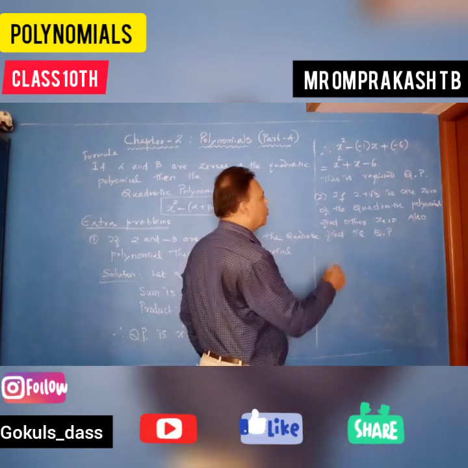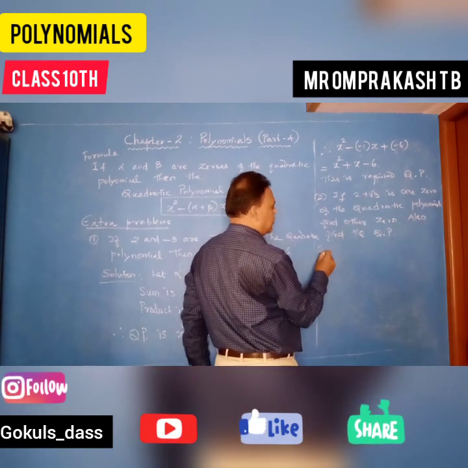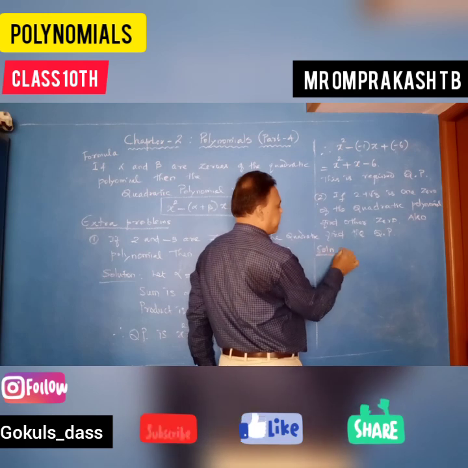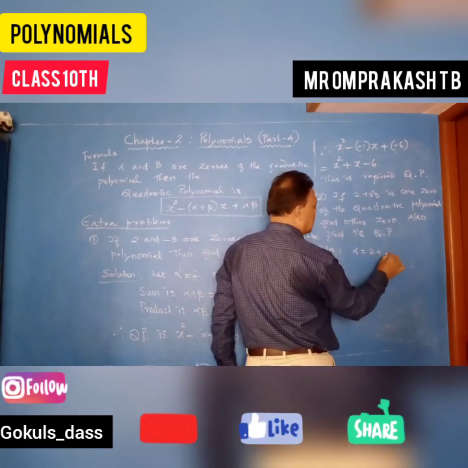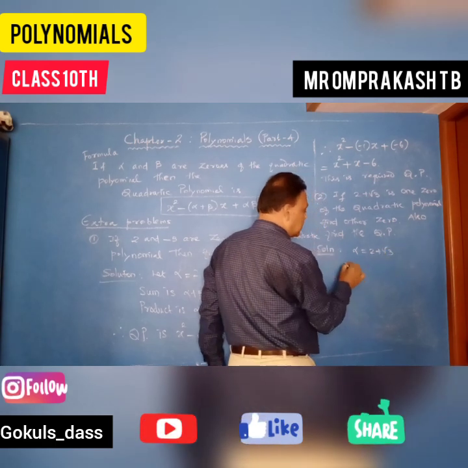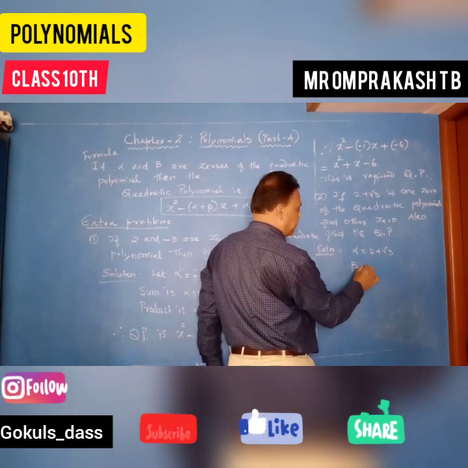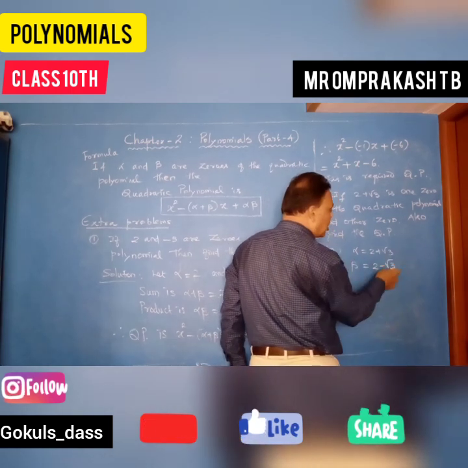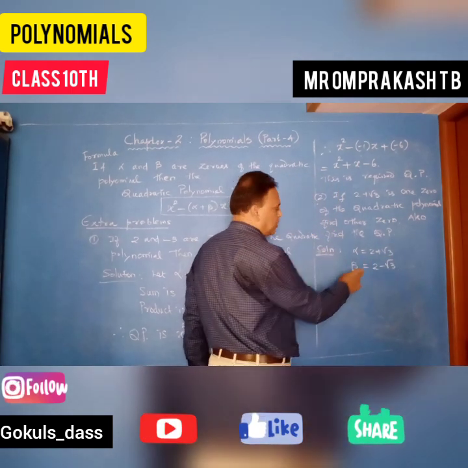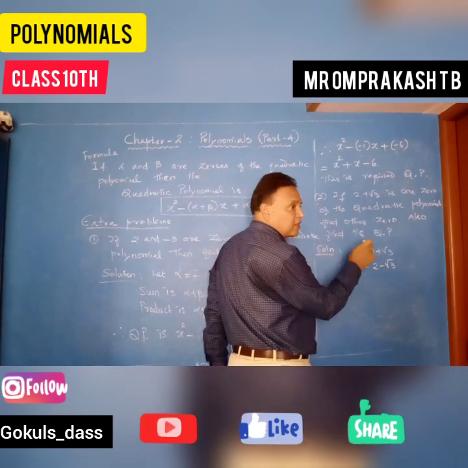Clear? So take one zero as alpha, that is 2 plus root 3, then beta is 2 minus root 3. Both are conjugates of each other. That's why one has a plus and the other a minus, because of the irrational number.